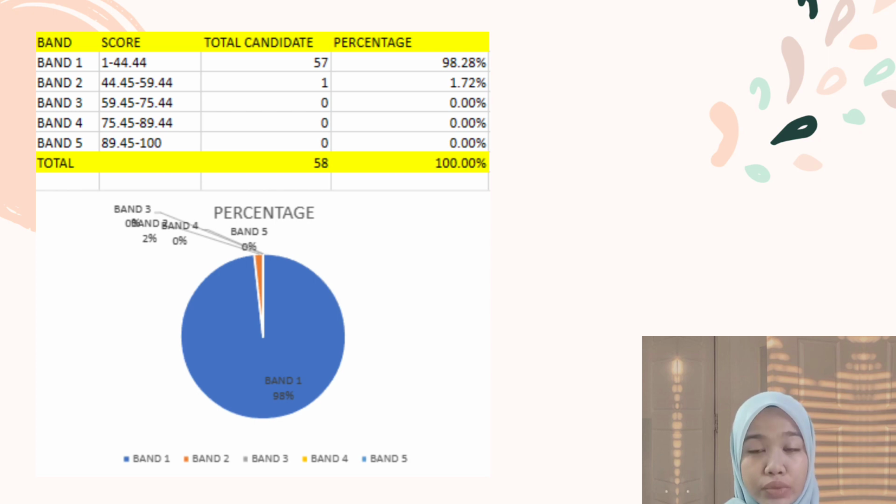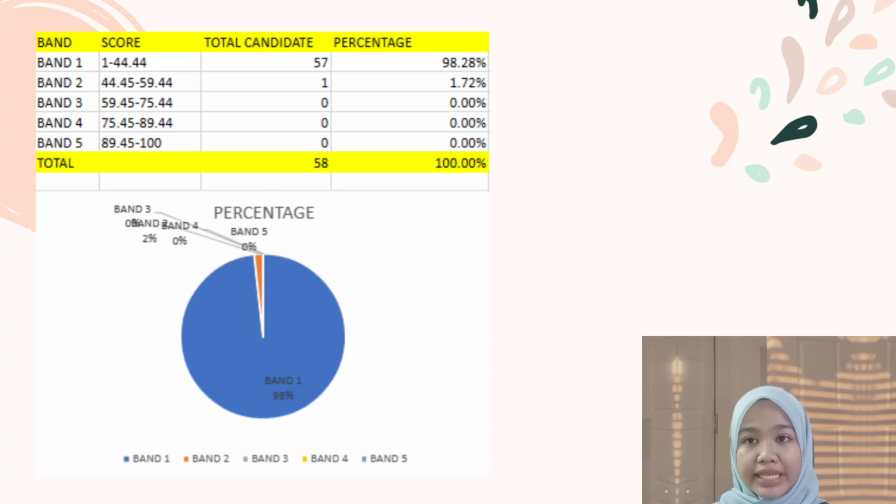Then for band 2, only 1 candidate got band 2, and the percentage is 1.72%. For band 3, band 4, and band 5, the percentage is 0%. Finally, the total is 58 candidates and the total percentage is 100%.